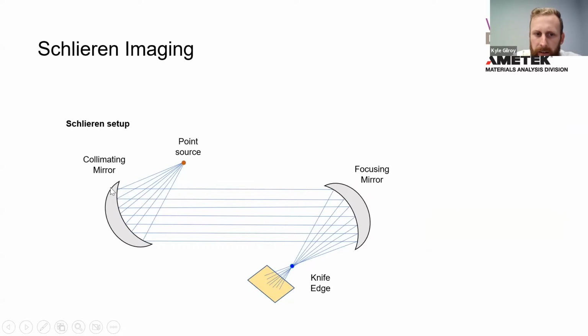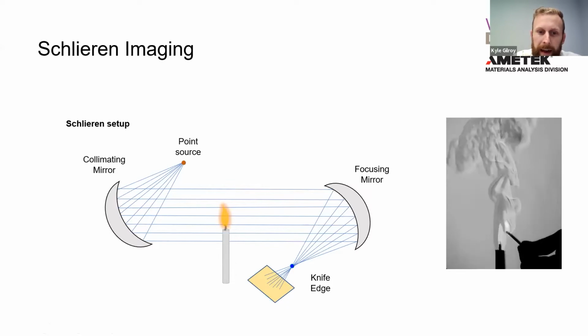It collimates photons across this region of interest here, and then it puts the photons back into a sharp focal point, and then it'll project an image onto your sensor. So if we do the same thing, we put a candle in the path, you'll see that indeed you'll get that same type of effect. The photons will refract, disturb your collimation, and then you'll get your Schlieren effect.